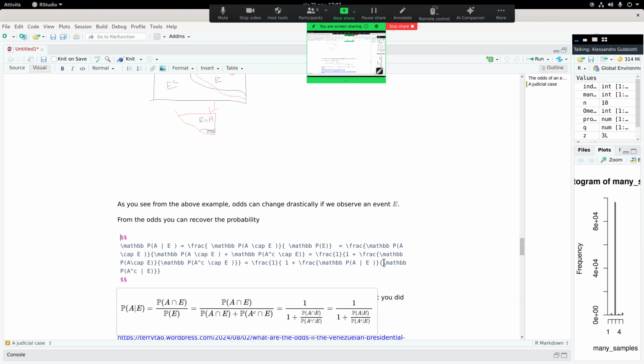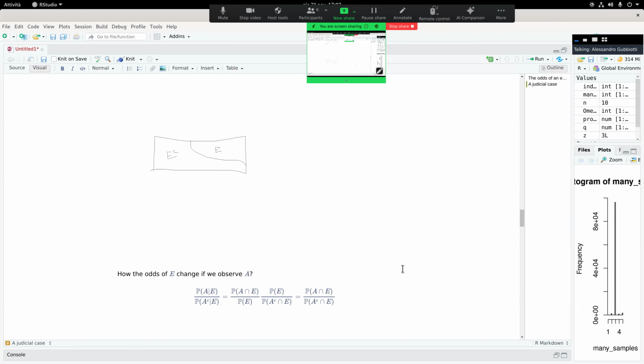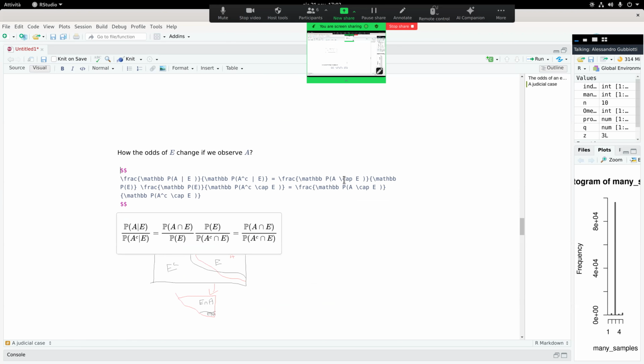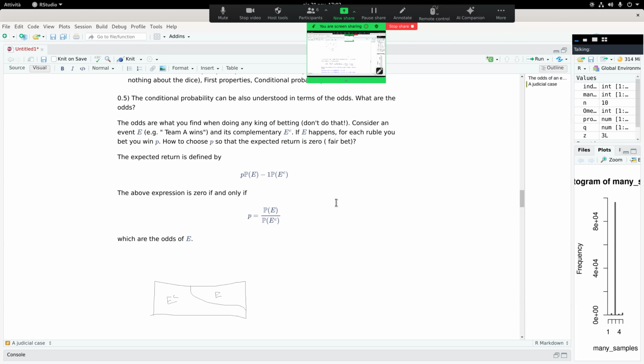So how can we estimate this quantity? Where was it? Here, sorry.